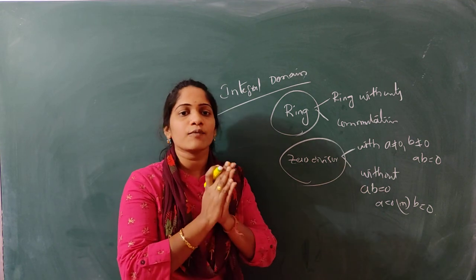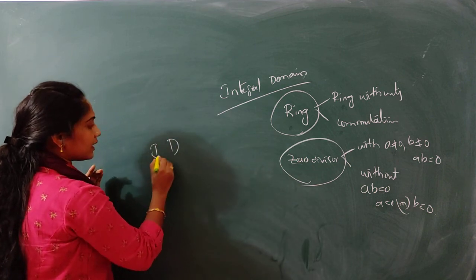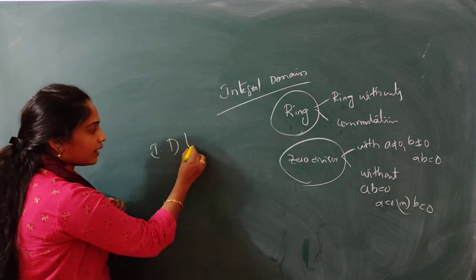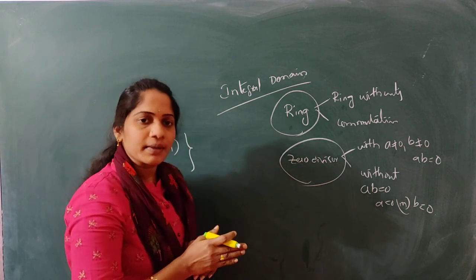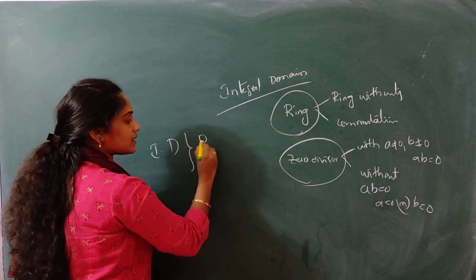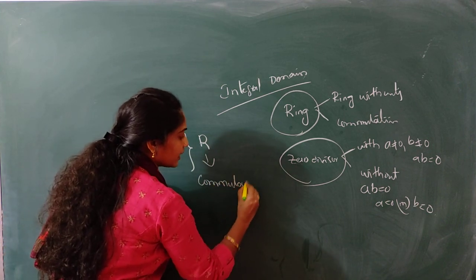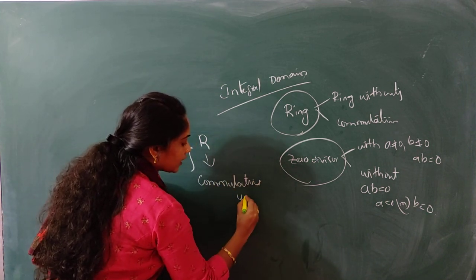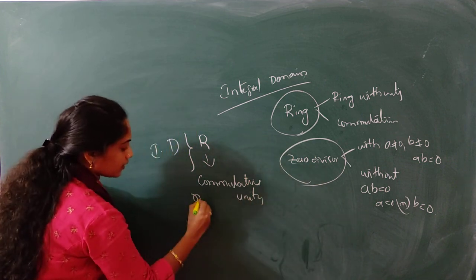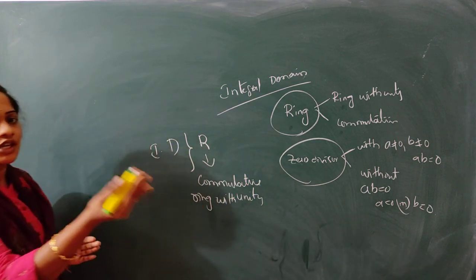Now what I want to tell you is that an integral domain is a ring, so it should satisfy the properties of a ring. The ring R should be a commutative ring with unity without zero divisors.